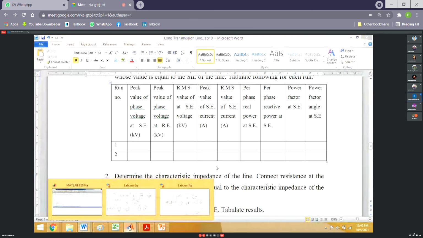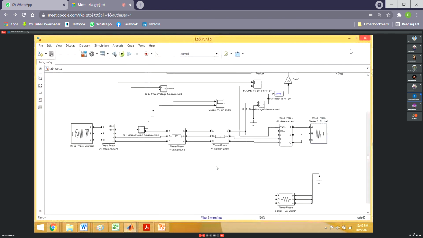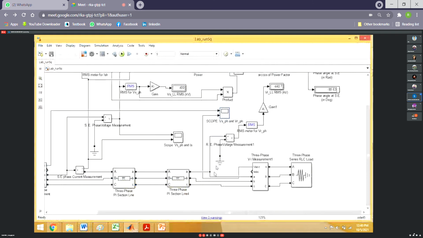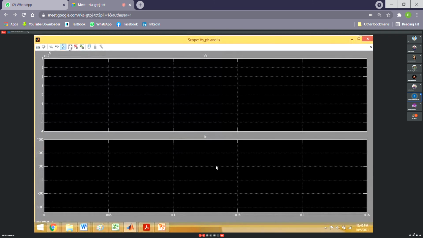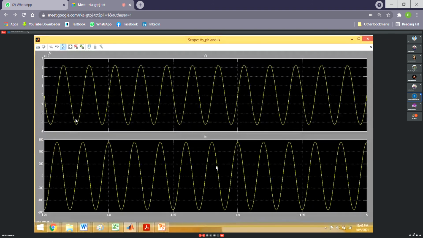Then next we have to measure the phase angle of current. Now you see it is very much observable that current is leading because current has crossed the peak far before the voltage. So it is a leading power factor condition because this line is at no load.